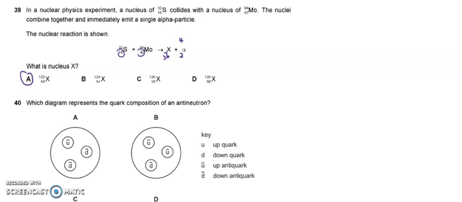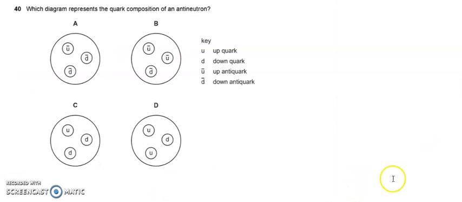So 32 plus 94, if we minus 4 over here, you get 122. And for quark composition, for a neutron, we know it is up, down, down. Therefore, an anti-neutron is just having the opposite quarks. So it's an up bar, down bar, down bar.